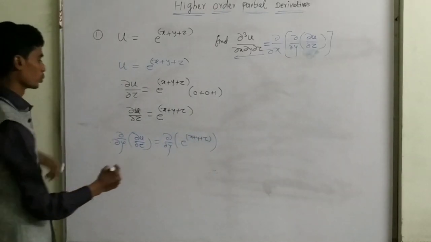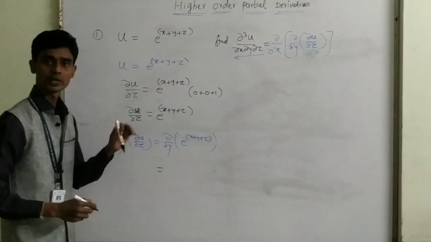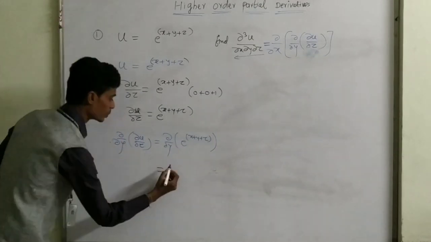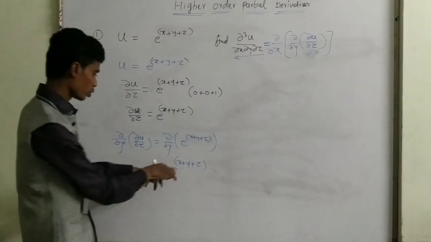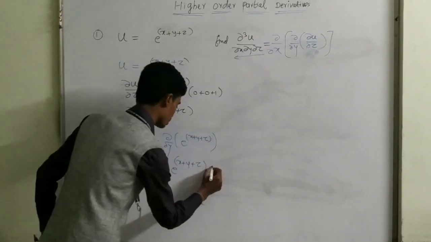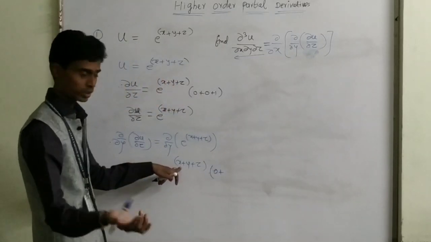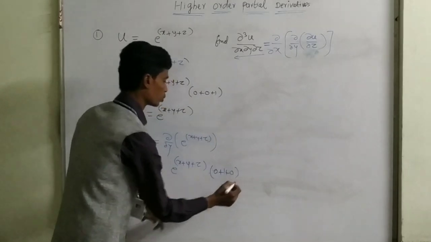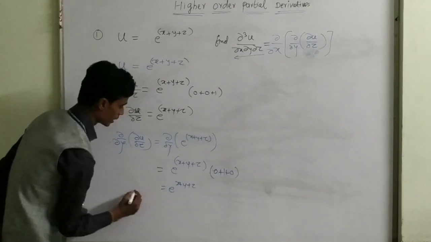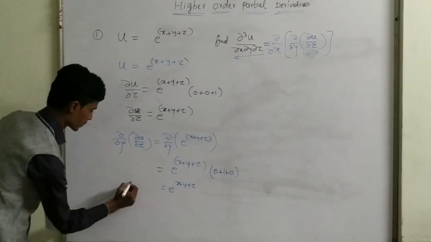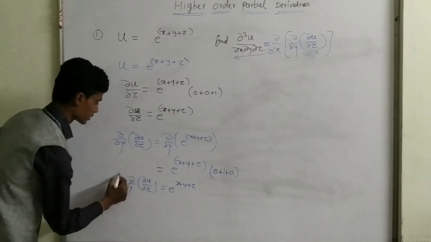So what is the derivative? ∂/∂y of e raised to x plus y plus z, so this becomes e raised to x plus y plus z as it is, and the partial derivative of x plus y plus z with respect to y: x is 0 because constant, y is 1 and z is 0 because constant, so therefore it is e raised to x plus y plus z as it is. This is the value of ∂/∂y of ∂u/∂z.